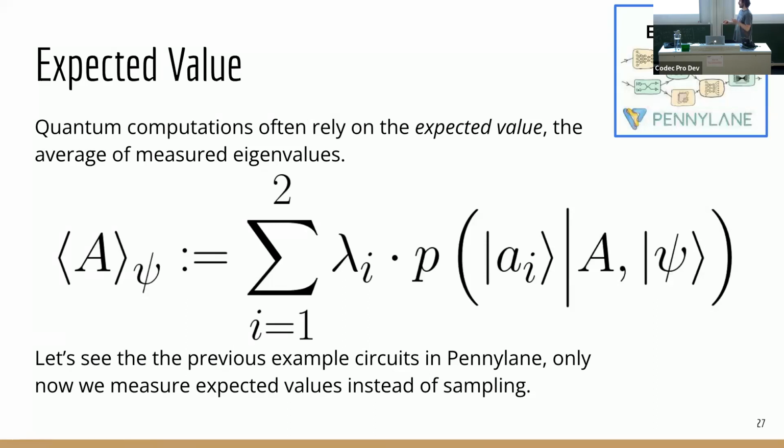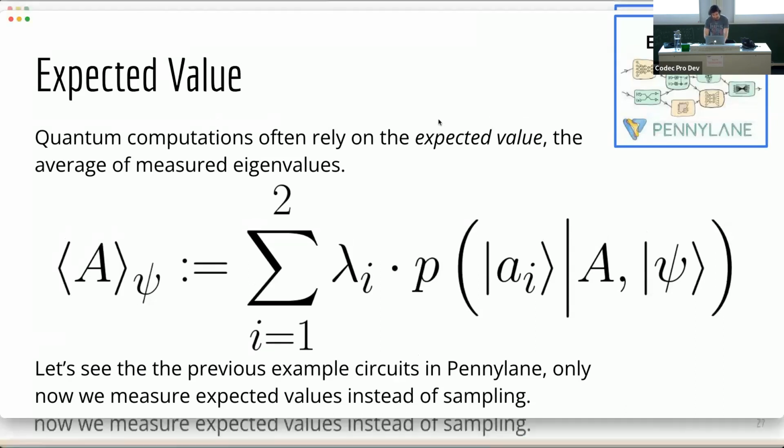The expected value of some observable matrix A in these brackets, subscript psi, which is our qubit state before we make our observation, is just equal to the sum of each eigenvalue times the probability that we measure that eigenvalue.